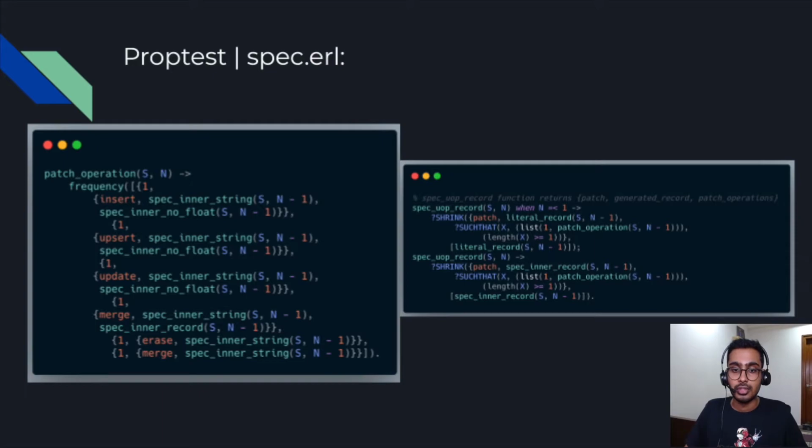And yeah, the shrink feature here, if you can see the question mark shrink, is the one which actually cuts down your edge cases when they fail and gives you a much simpler case of errors. And the record or the operation here itself is unary operation.